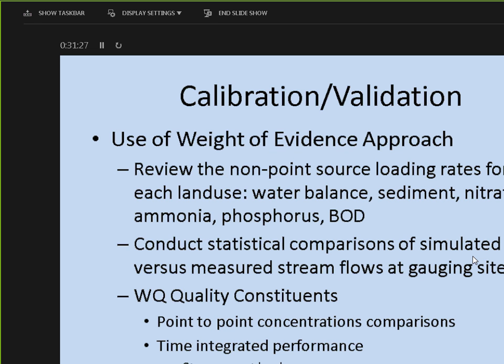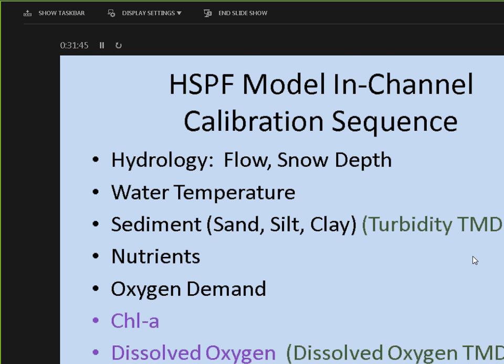So if we have a water sample on a particular day, we'll compare that to the simulated concentration on that day, and like I said before, we'll do comparison with load estimators like FLUX. And obviously, you need to have that hourly resolution if you're going to compare DO and water temperature data.